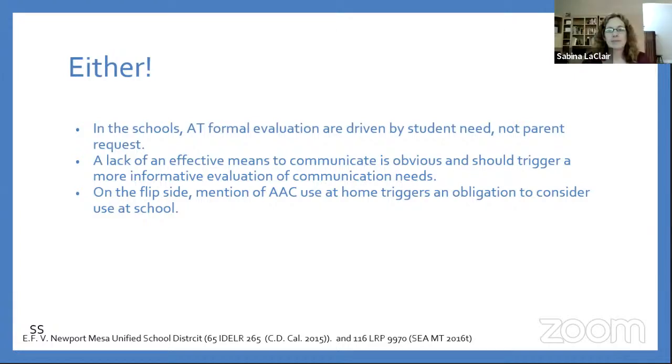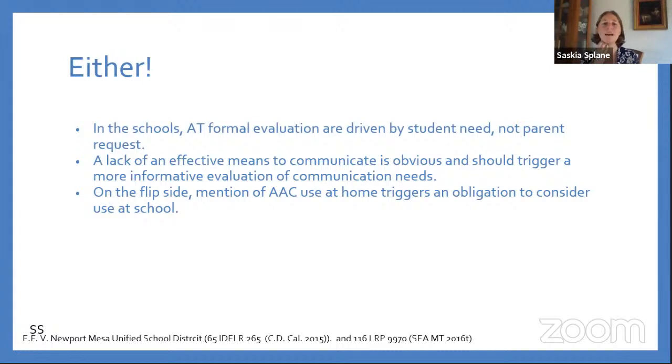Likewise, if you're in that IEP meeting and that parent says, they've been using CoughDrop, and you go, okay. It does trigger an obligation for the school to look into AAC as an option for that student. It does not obligate the school to that specific device, that specific app. It does obligate an AAC evaluation.